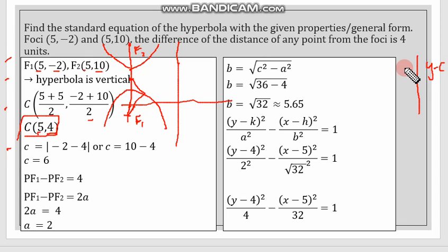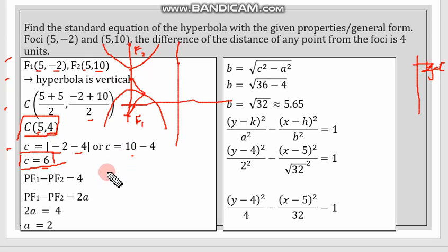So -2 minus 4 is -6; the absolute value is 6, make it positive. Or 10 minus 4, that's 6. So c is equal to 6. Again, we subtract y-coordinates because the segment from center to foci is vertical.